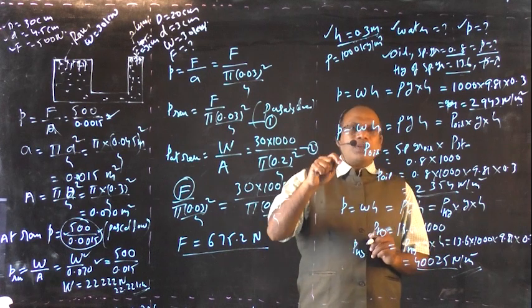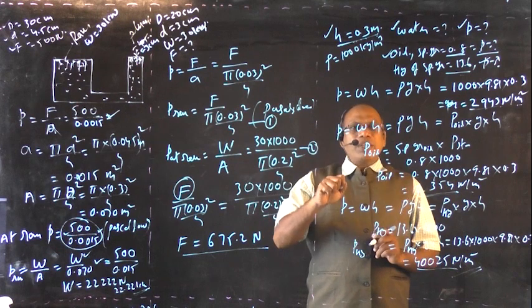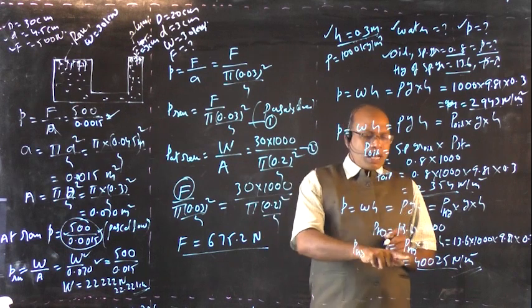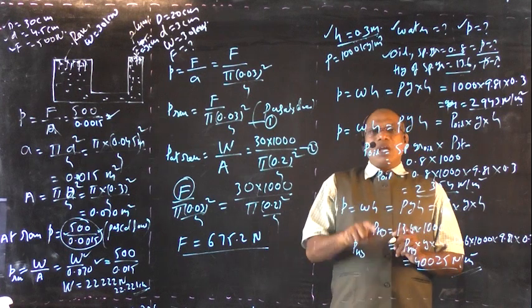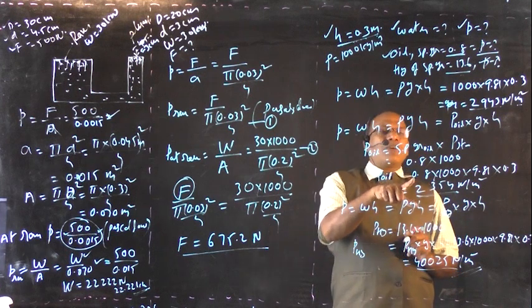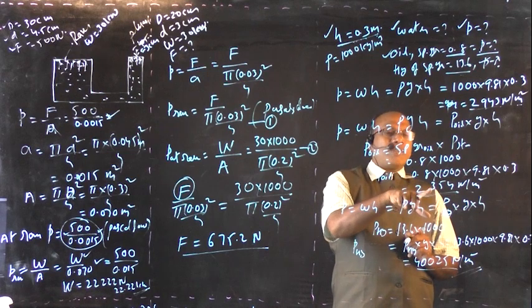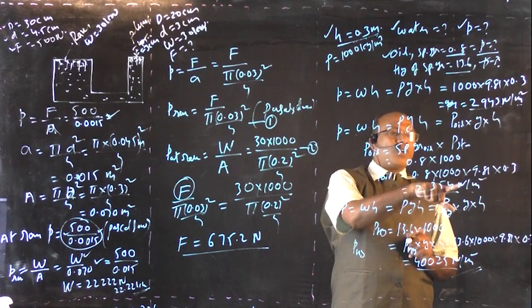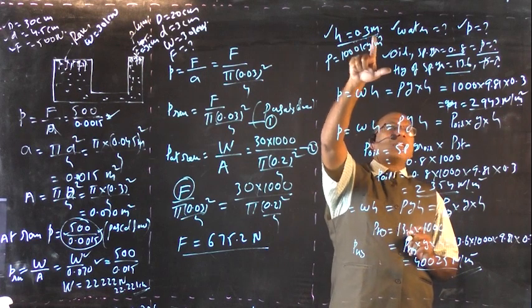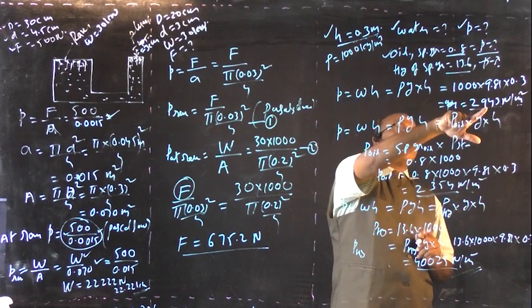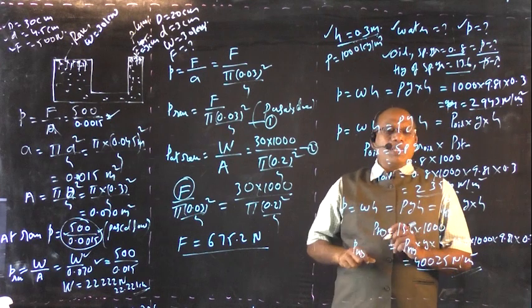The same depth of 0.3 meters of oil gives 2354 Newton per meter square, and the same depth of 0.3 meters of water column gives 2943 Newton per meter square.